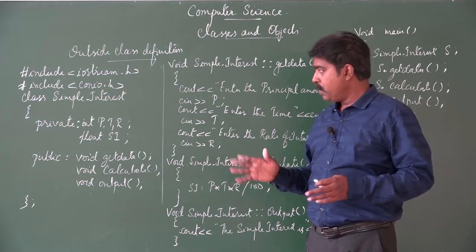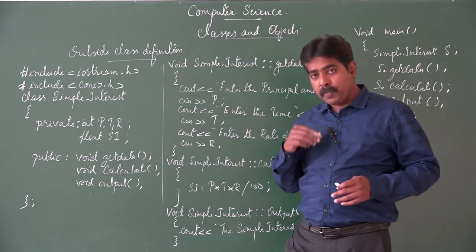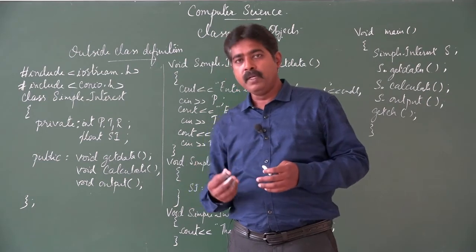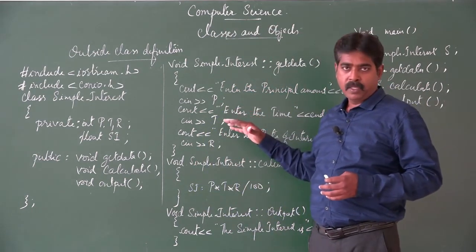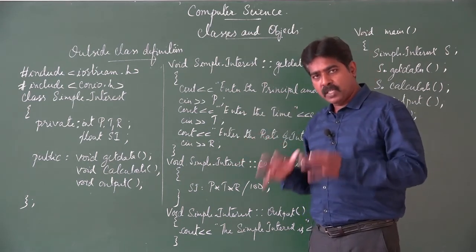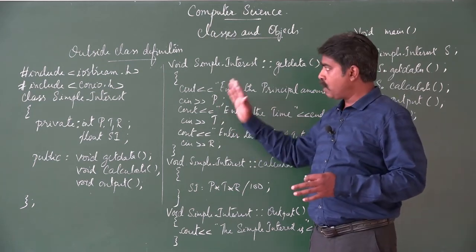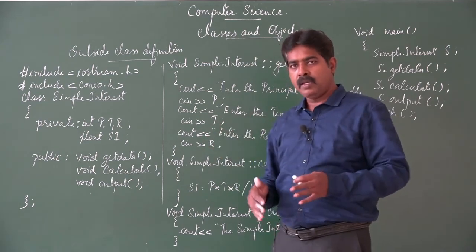At that point of time we will be using the outside class definition for the complex program. For example, when we use a for loop, we will be able to work on the complex nature of the program only outside the class. That is outside class definition. This is the difference between inside class definition and outside class definition.